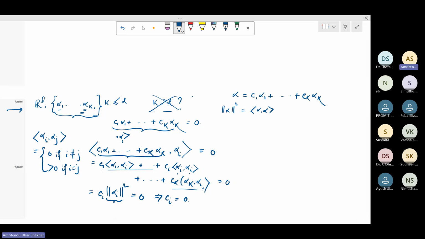Right. So this is equal to the inner product of C1 alpha 1 up to Ck alpha k.